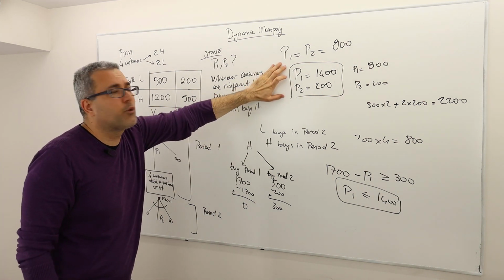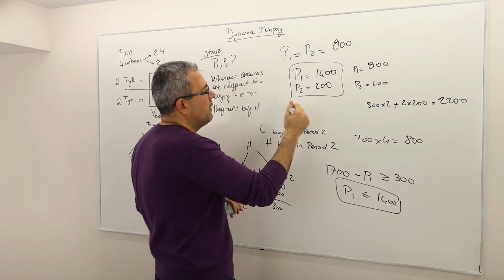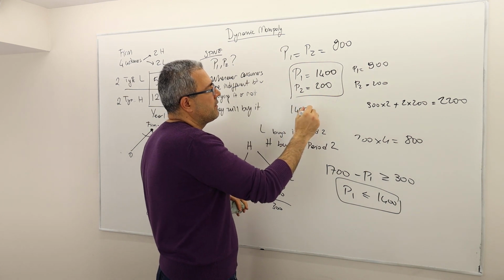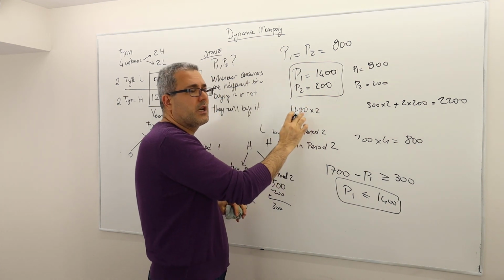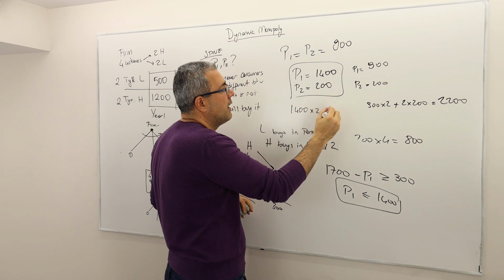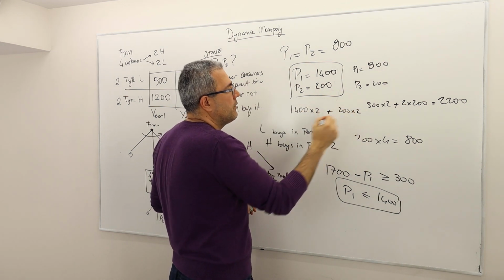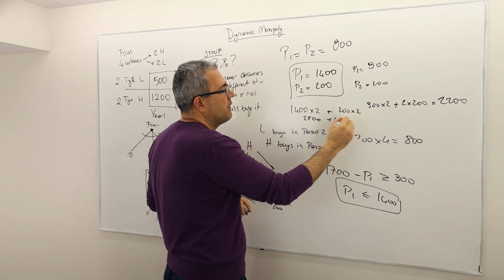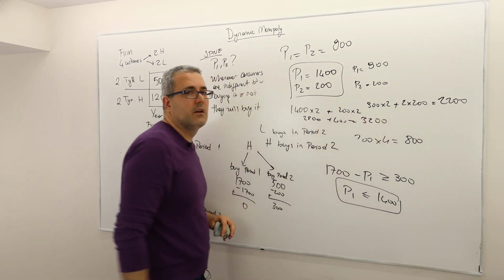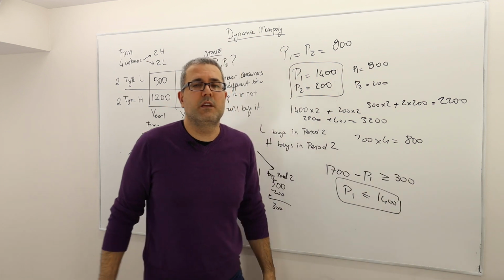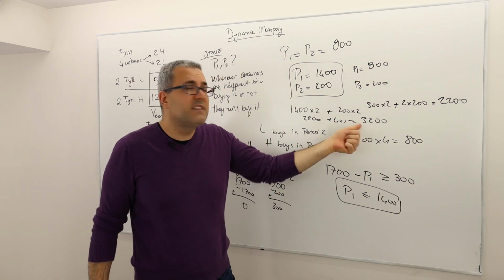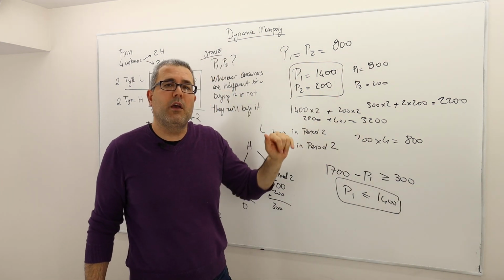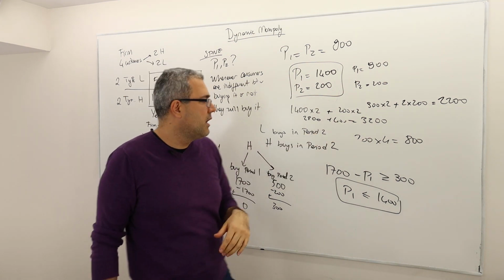First off, what would be the profit in this case? Simple, 1,400 times 2, because both consumers are going to buy it, the high types will buy it, plus 200 times 2. So what does that mean? This is 2,800, this is 400, so that's 3,200. Much higher than 2,200. So it seems like this is definitely a higher payoff, a profit.